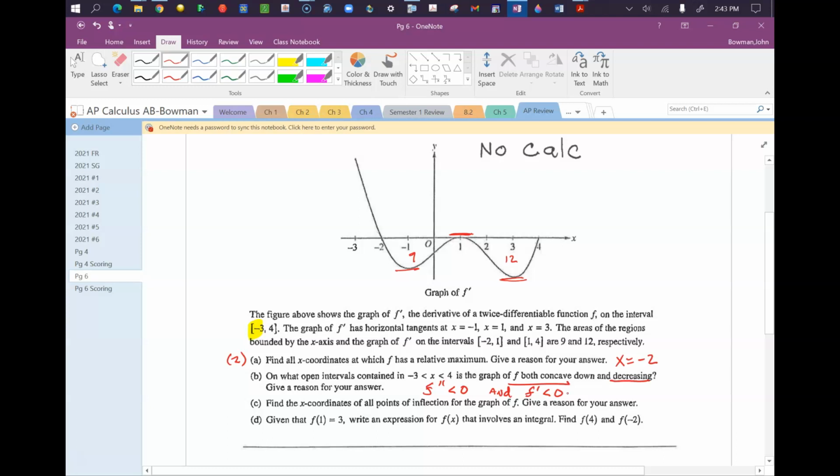Where does that happen? That happens from -2 to -1, because we're using open intervals, and from 1 to 3.